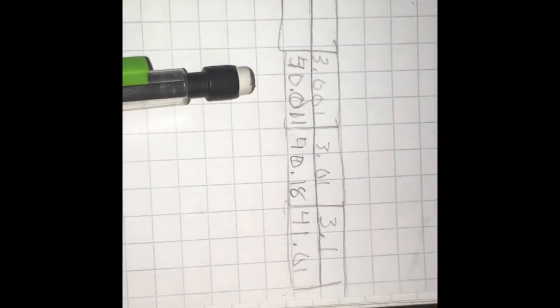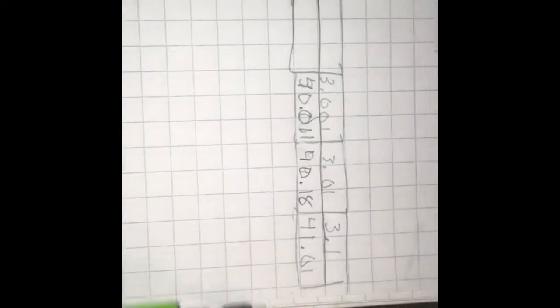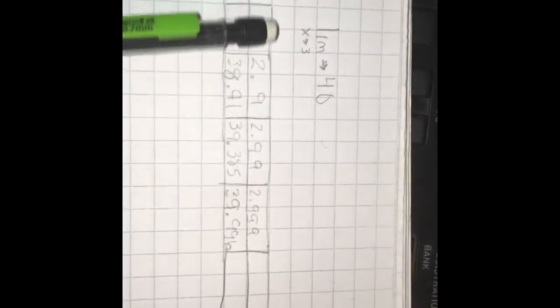And from 3.001 and 3.1, it's continuously getting lower from around 41 and getting closer and closer to 40. So for this table, the limit as x approaches 3 is 40.